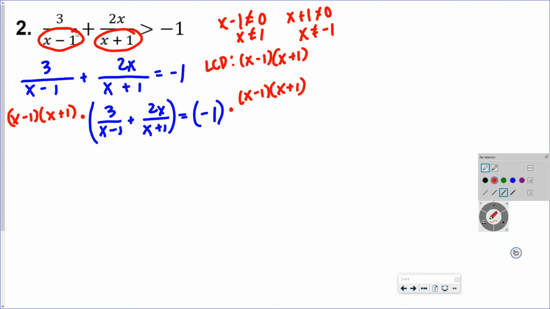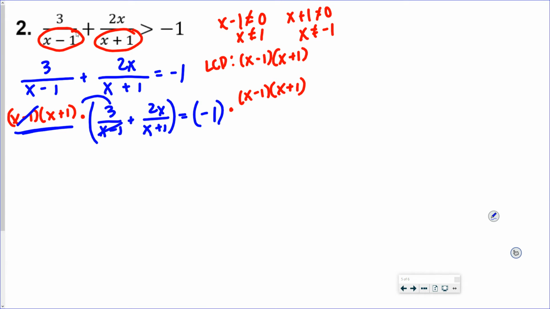This is straight algebra. When I distribute this to the first term, the x minus 1s cancel, and we're left with 3 times x plus 1.